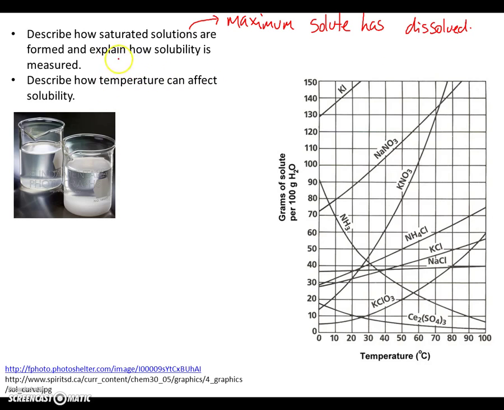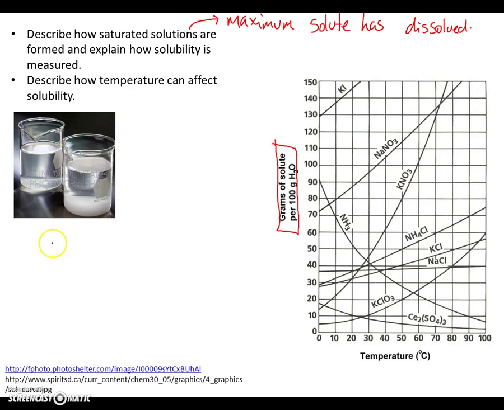Okay, and how solubility can be measured. It's this unit here on this table: grams of solute per 100 grams of water, or whatever the solvent happens to be. The reason that we use a mass of water is that all solvents will change their volume depending on different temperatures, so we base it on a mass, and this doesn't change as temperature changes.